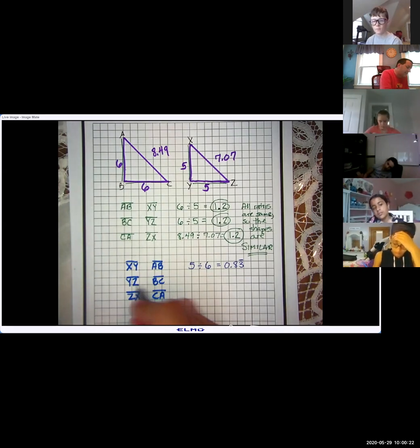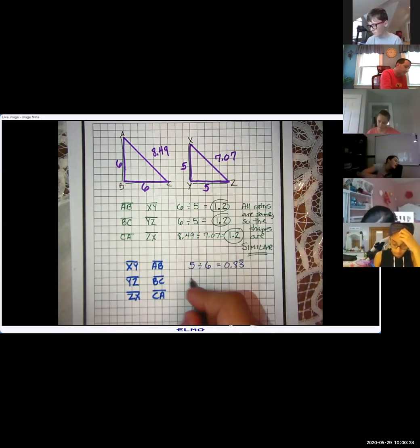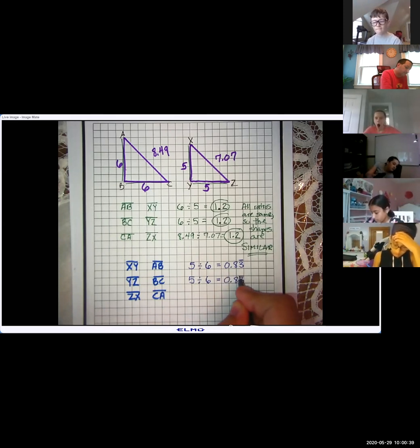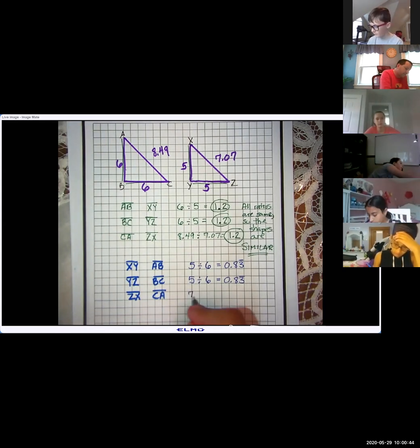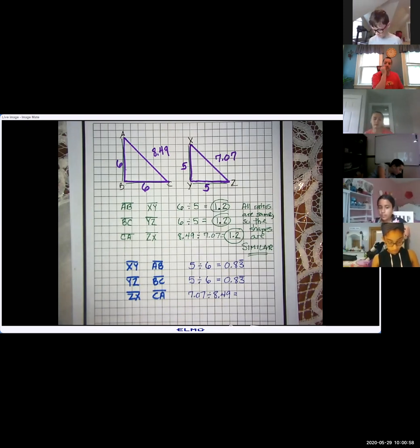Now let's do YZ and BC. YZ is 5, BC is 6. 5 divided by 6 is 0.83 repeating. And let's do ZX and CA. What do you get as your ratio?